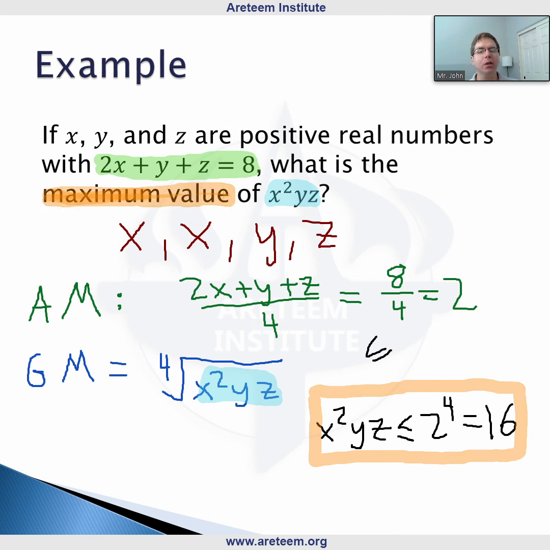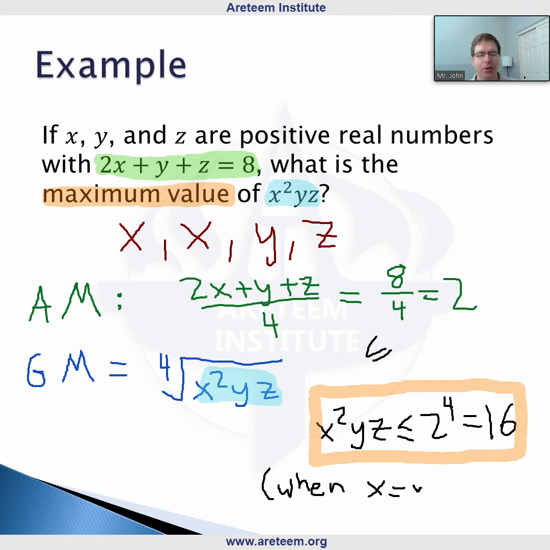We actually can do a little bit more, if you're curious about this. When does this occur? Well, it happens when all four values are the same: x equals y equals z. All four values have to be the same, and in this case that's pretty easy to see.